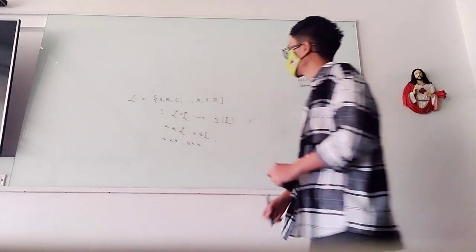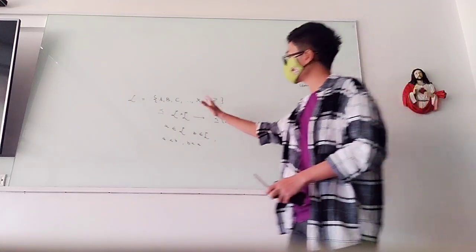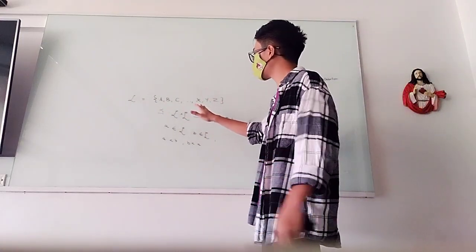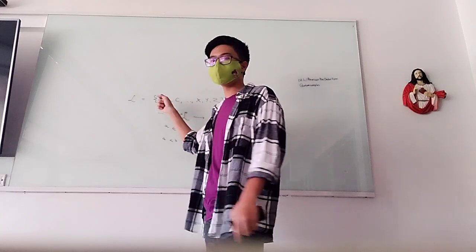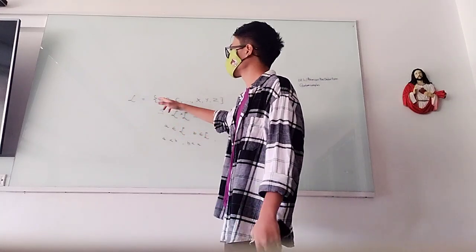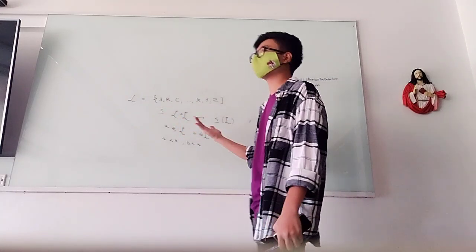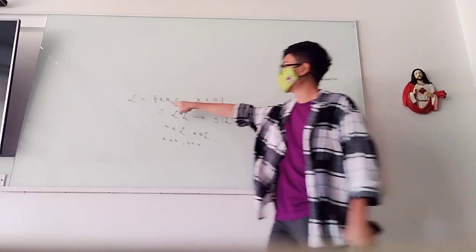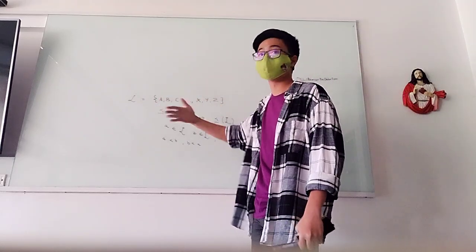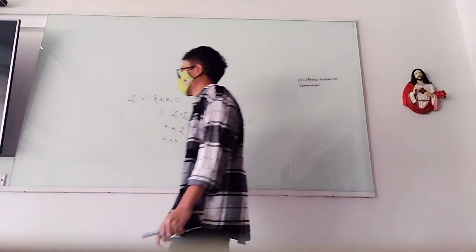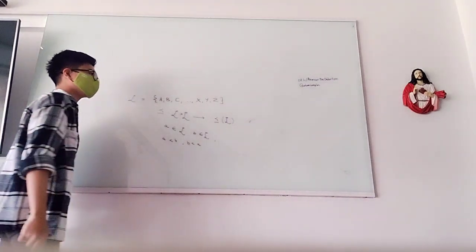Now that we have some notion of ordering, what we want to do next is create a new set that assigns to each symbol a natural number, or a counting number, that is ordered.